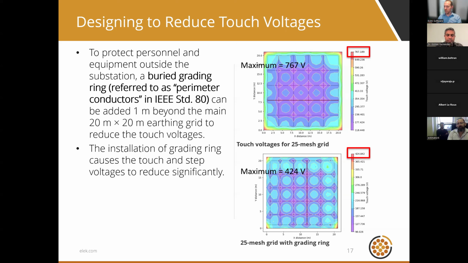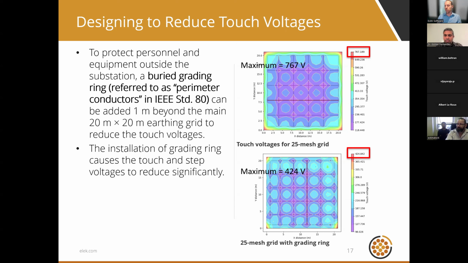So a technique to mitigate touch voltages around the outside is to install a grading ring, which is separated on the outside of the earthing system, usually by 1 to 1.5 meters away from the earthing system, outside the fence. That grading ring reduces touch voltages by smoothing the surface voltage contours.